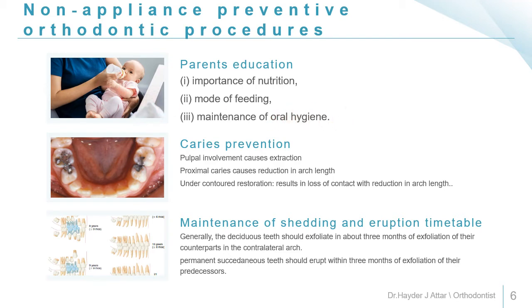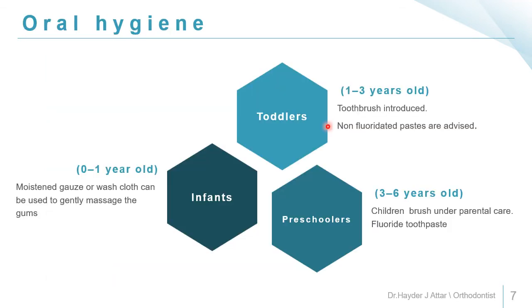In addition to the maintenance of oral hygiene, the maintenance of oral hygiene of the child begins with the infant from birth to 1 year, and in this case the parent has to wash the mouth of the child with moistened gauze or a wash cloth, which can be used gently to massage the gums and clean the newly erupting primary teeth.